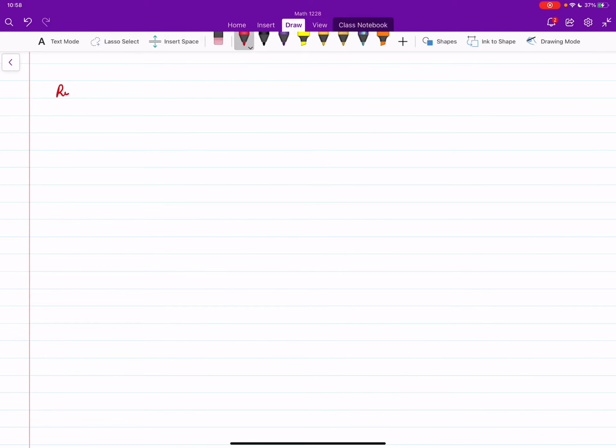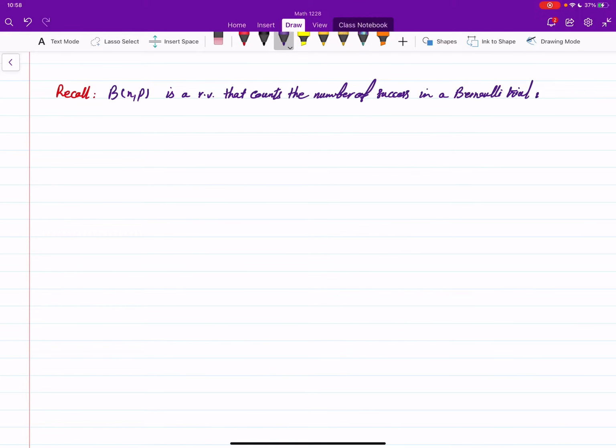Well, recall that B(n,p) is a random variable that counts the number of successes in a Bernoulli trial with n trials and probability of success given by p. So it just counts the number of successes.